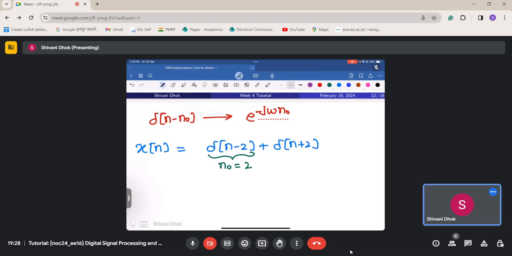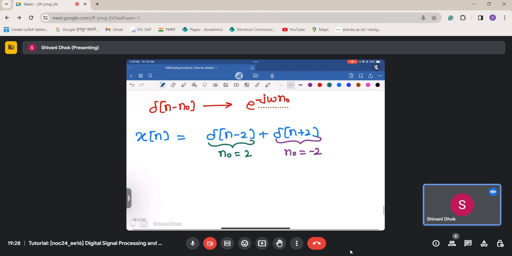And similarly, if we observe this quantity and compare it, again we have n naught equal to minus 2. So in that situation, x of omega will be equal to the DTFT of this quantity, which is e power minus j omega n naught, with n naught 2, plus the DTFT of this quantity, which is e power minus j omega n naught, with n naught minus 2.